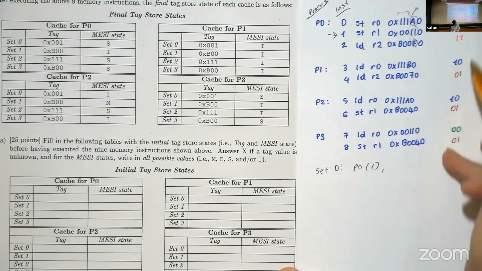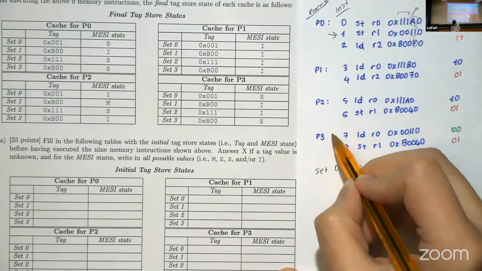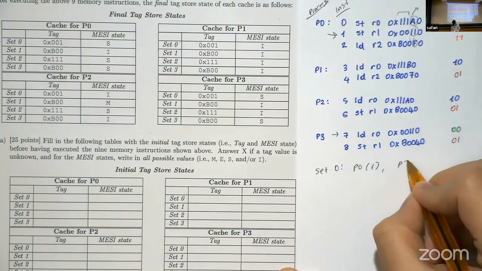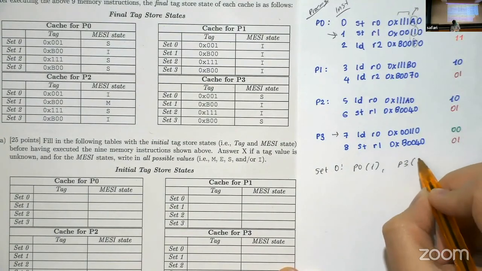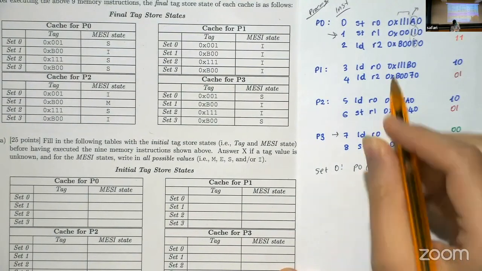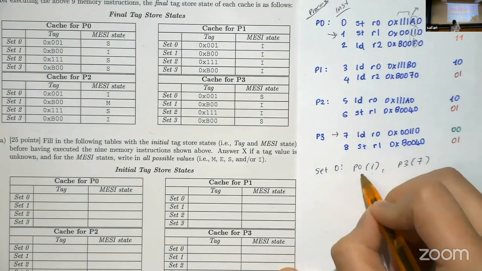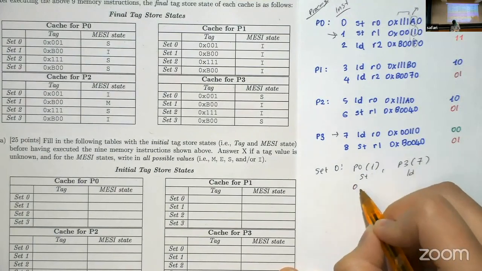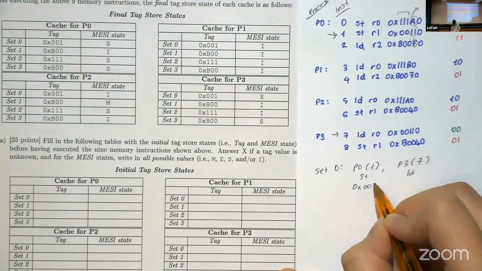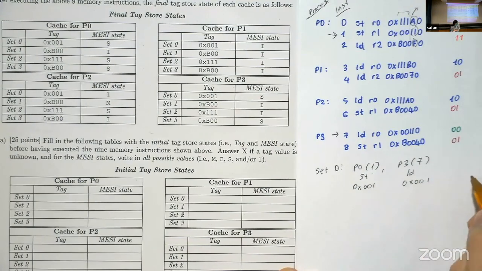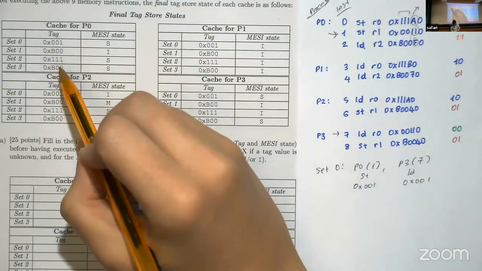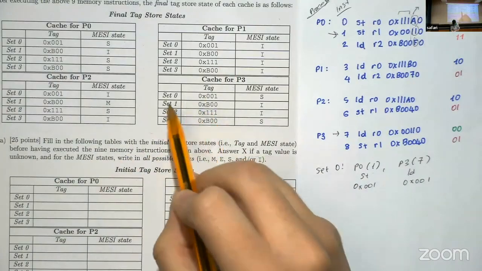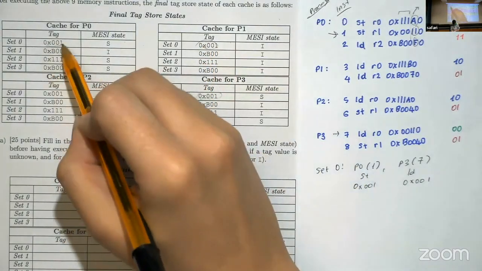We check the other processors and see another instruction from processor 3 that will also be executed, which is instruction 7. Instruction 1 is a store, and the other instruction is a load, and both of them have the same tag. In the final state, all of these caches have the same tag.